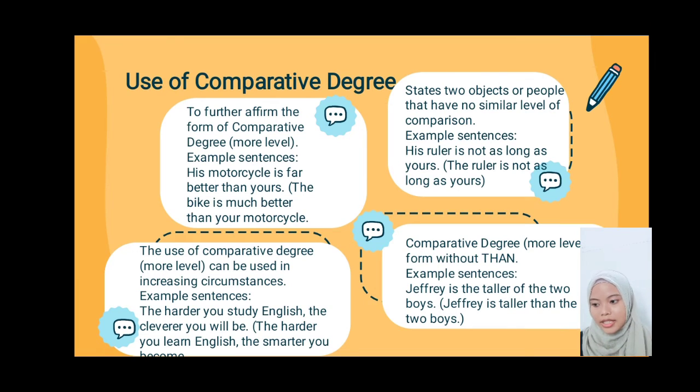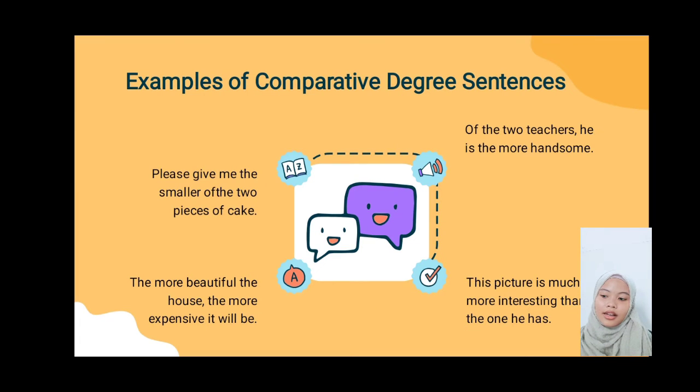Okay, the next slide. There are some examples of comparative degree sentences. For 1, please give me the smaller of the 2 pieces of cake. Smaller in here is the formula in a comparative degree sentence.